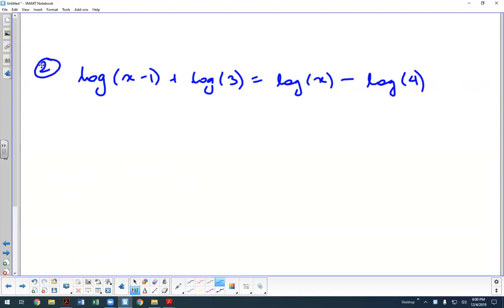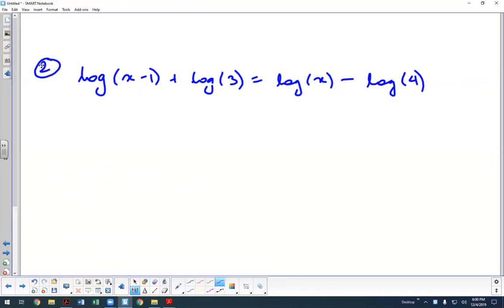Any clues? Combine them both. Combine them using what? Product and the quotient? Yeah, so the plus sign between the 2 logarithms will tell us that's going to be the product rule. The minus sign is telling us quotient rule.